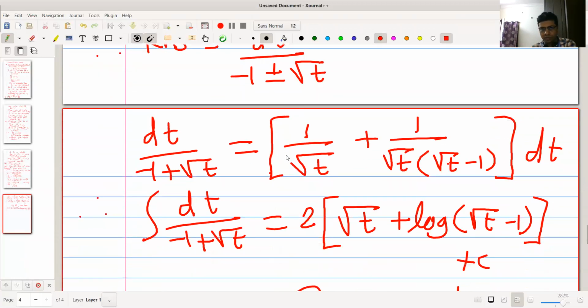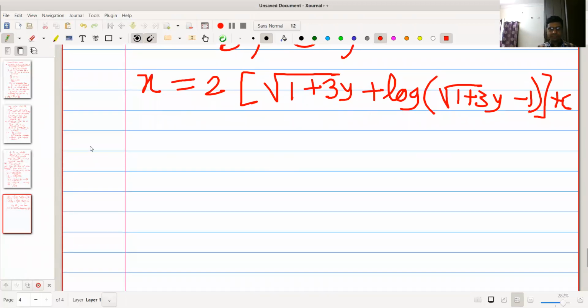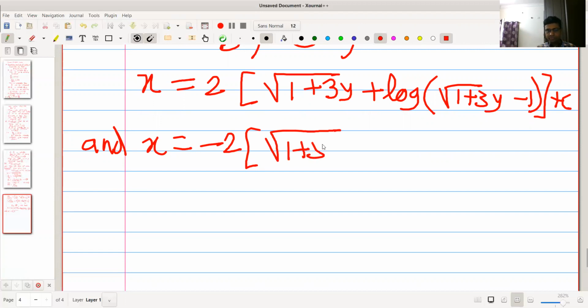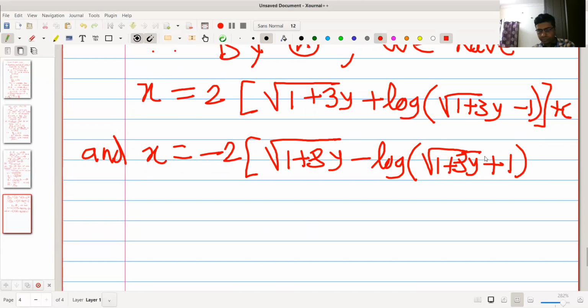So the second case gives x equal to minus 2 into square root 1 plus 3y minus log of square root 1 plus 3y plus 1 plus c.